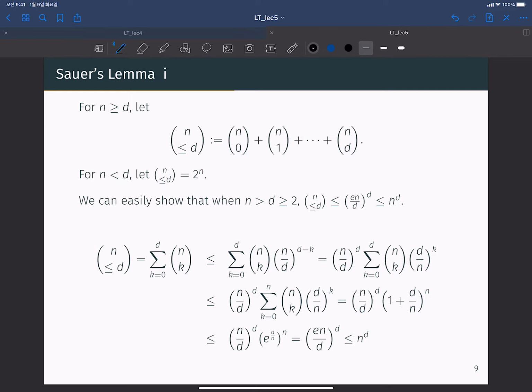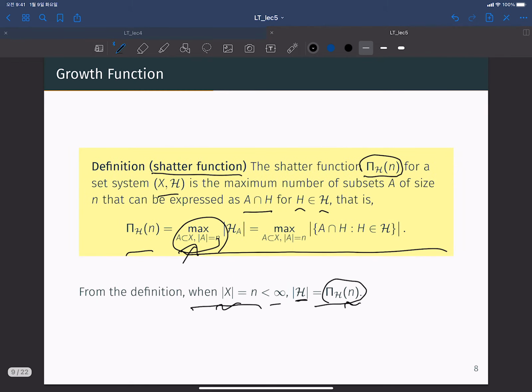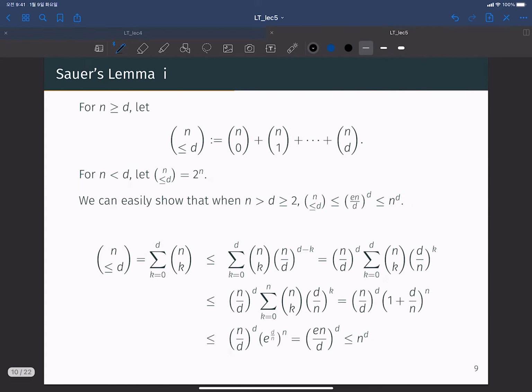And to understand how this growth function grows with respect to the VC dimension, we have to introduce Sauer's lemma. Before introducing Sauer's lemma, I want to define some mathematical notation.